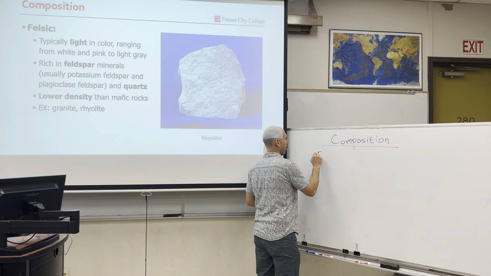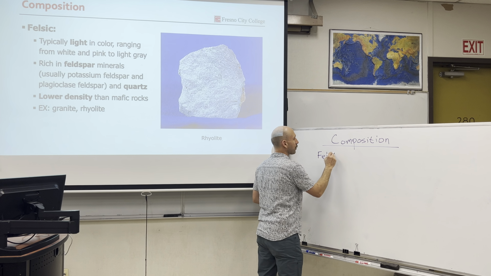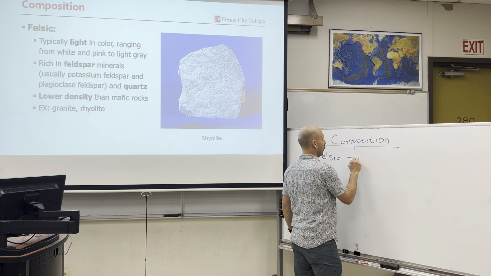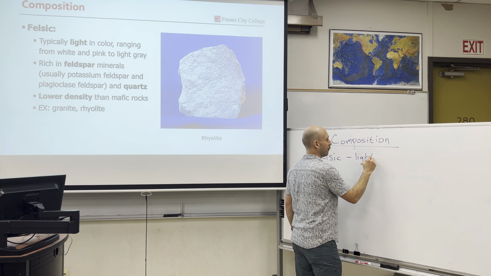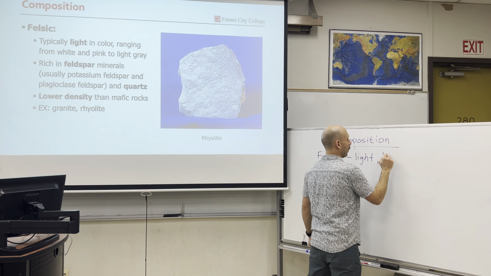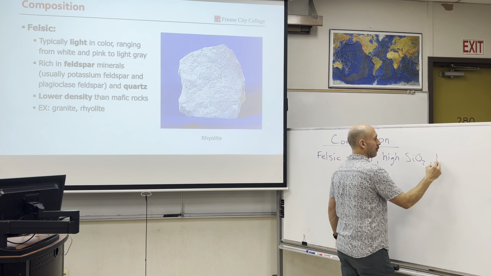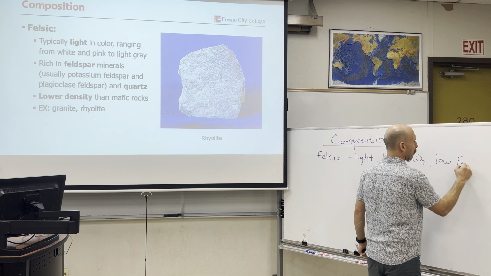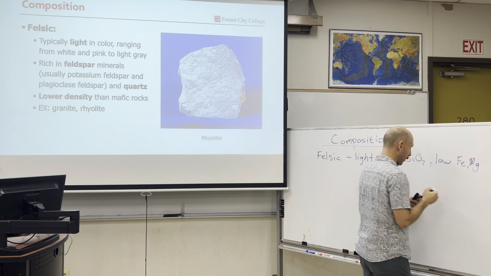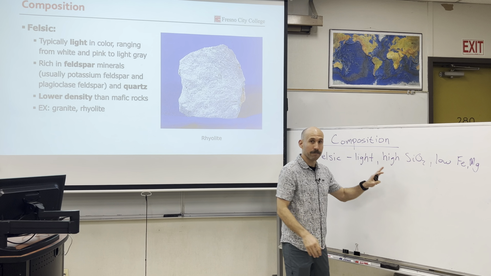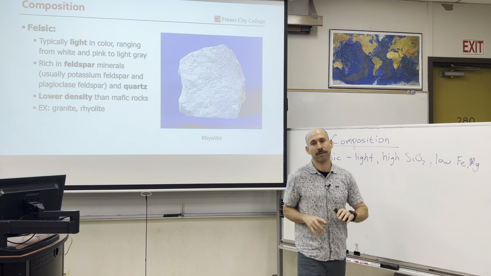Felsic. Felsic is going to be our lightest rock. So it is light in color, high in silicon oxygen, low in iron and magnesium. Now there's a lot of other things going on, more complex than this, but for starters, this is a good place.